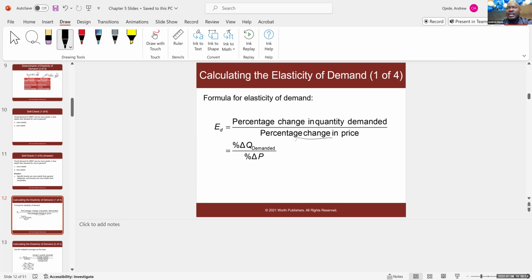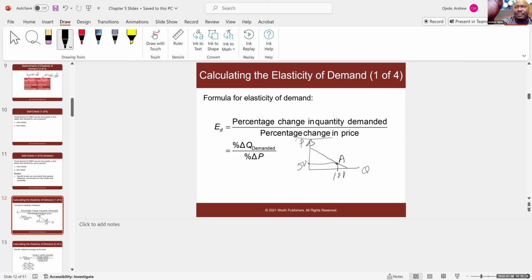If I have a demand curve like this, price and quantity, let's say the price was here, maybe $50 and quantity demanded is maybe 100, so we are at point A on the demand curve.